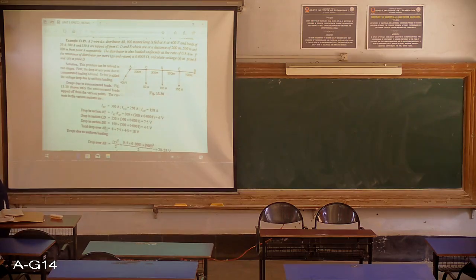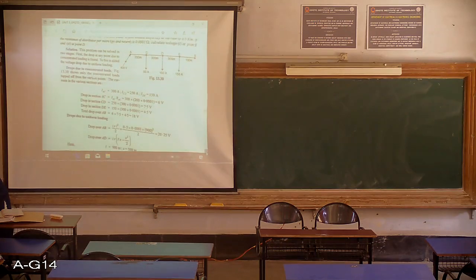Drop in CD, drop in DE and drop in AB. This was with respect to concentrated loading, the drops you can calculate. Now due to uniform loading, here it is distributed and fed at one end. Clear? So I use IR into L square by 2. The drop over AB is IR into L square by 2.